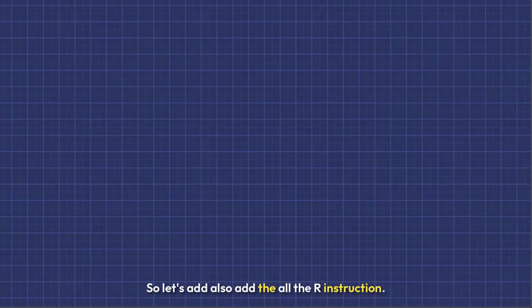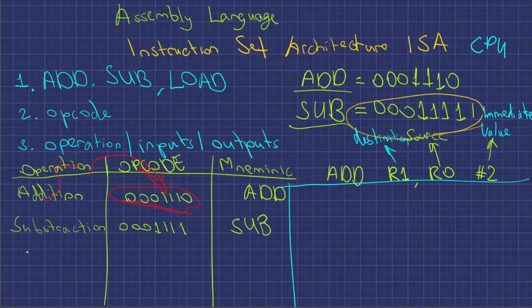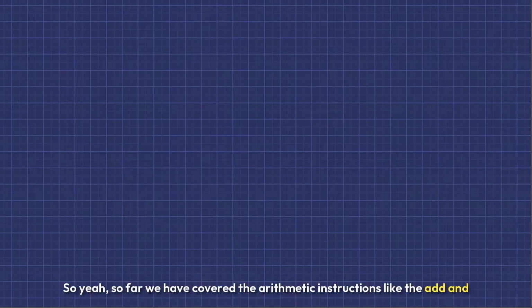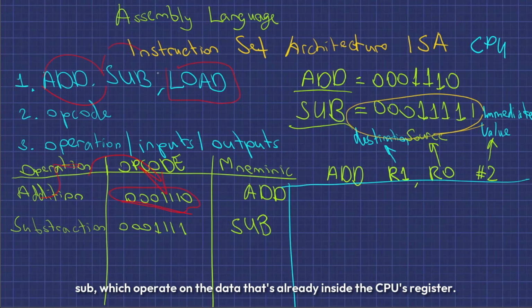So let's also add the LDR instruction. You remember the load instruction. We need to access the memory as well, right? So far we have covered the arithmetic instructions like add and sub, which operate on data that's already inside the CPU's registers.